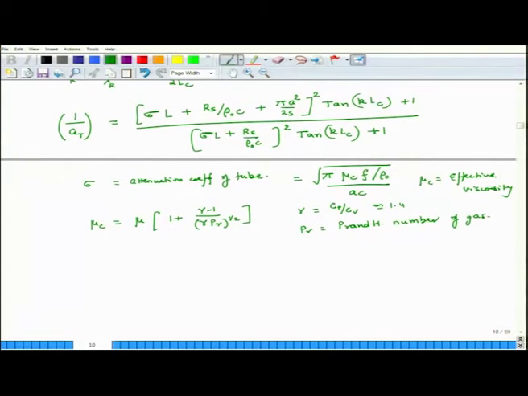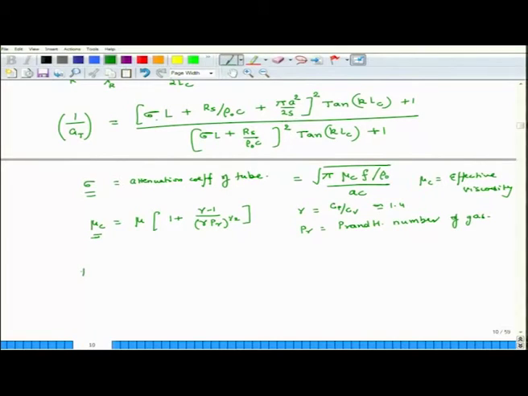So, if you know the gas, you know what is gamma, what is Prandtl number, and you also know the viscosity of the gas. With this you can calculate effective viscosity. Once you know effective viscosity, you can calculate attenuation coefficient of the tube, and plug that into this relation and you will get how much sound is lost as it passes through this thing.